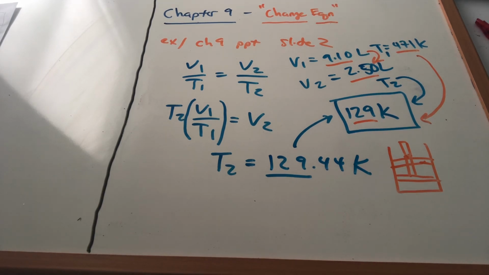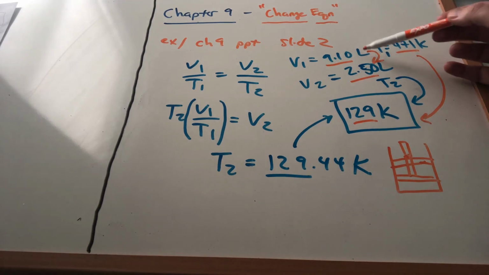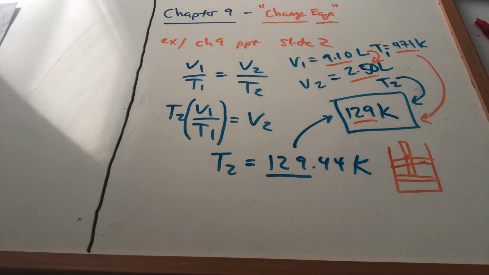It's by making the gas particles move slower so that they strike this surface at the same frequency as when there was more room but they were moving faster. So the fact that the volume went down as the temperature goes down makes perfect sense to us, and it validates this answer as the correct answer and something we should be confident in.